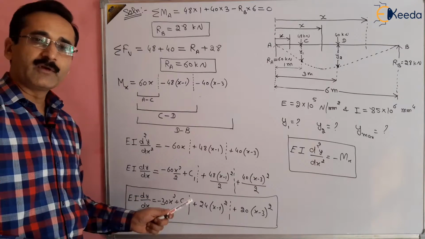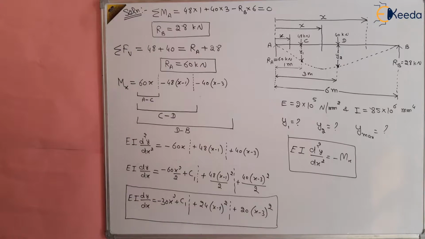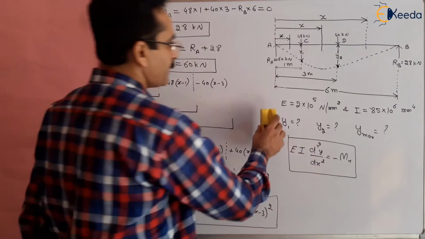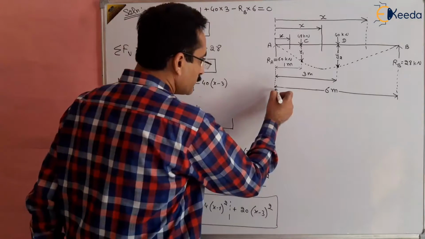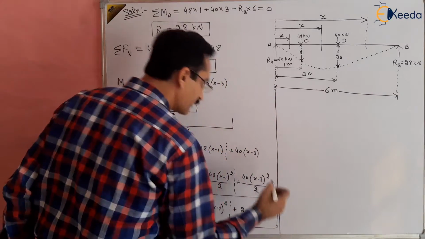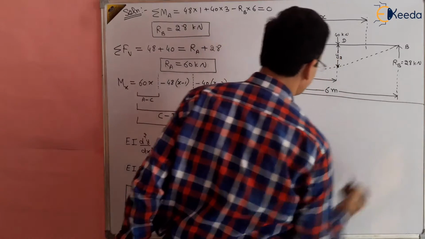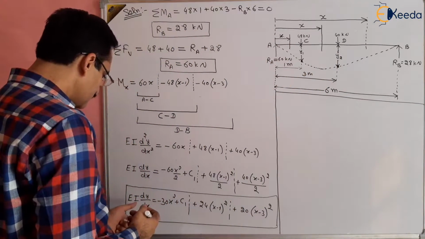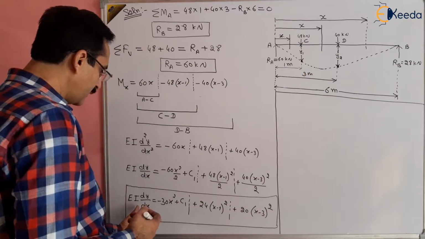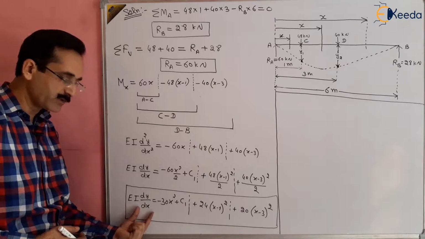Now integrating it, we will get the deflection. So integrate it to get the deflection, right? So let us find the deflection now. We can further integrate this equation. The integration of dy by dx will be y.